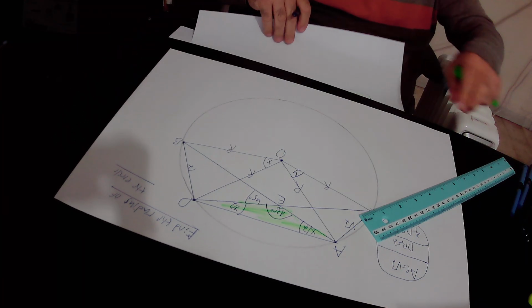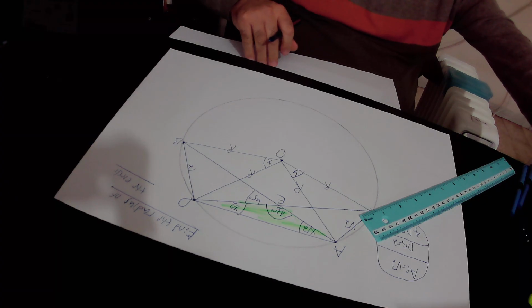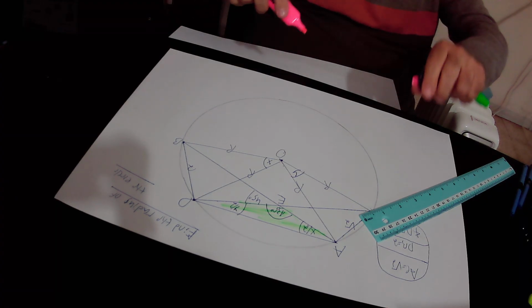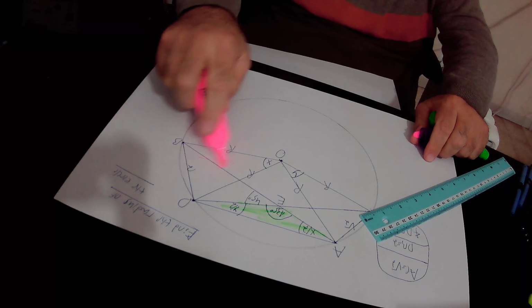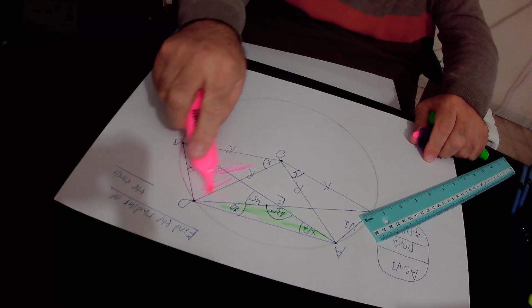In the next step, we'll implement the law of cosines on the pink triangle, triangle BOD.